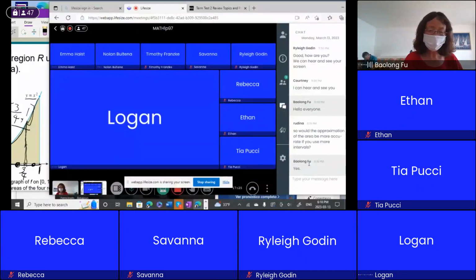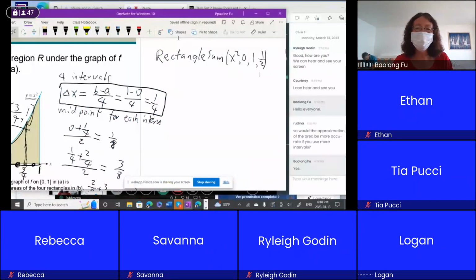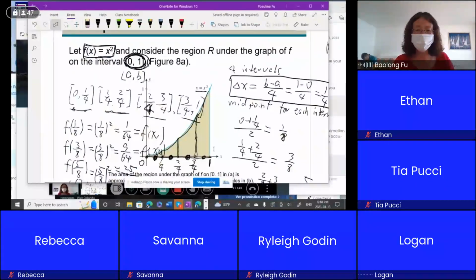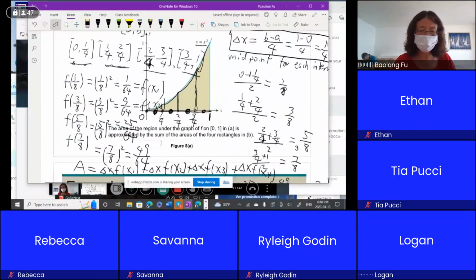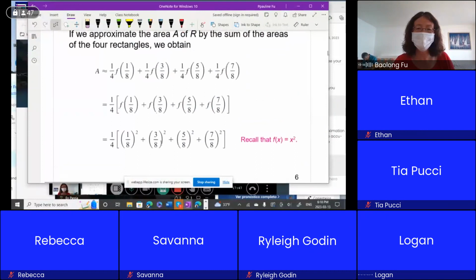From this example, we are going to generalize the general concept to calculate the area, which is in the following slide. I actually combined many slides into one slide here, okay? So I did all of this together.